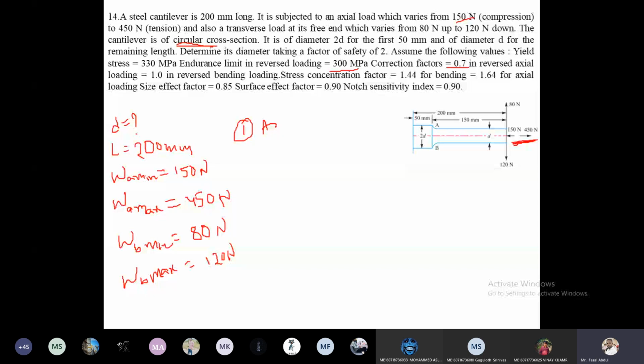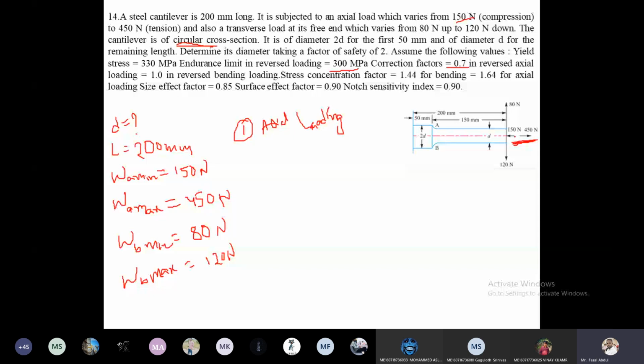Now what is the equation for the axial loading? Because the system here is subjected to two loads at a time, axial loading and bending loading, two types of loads are generated here.